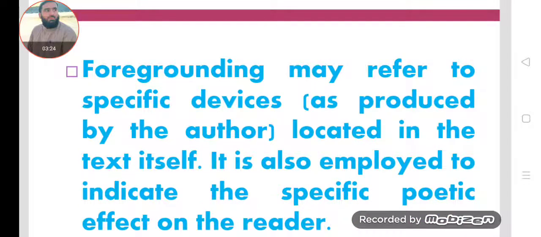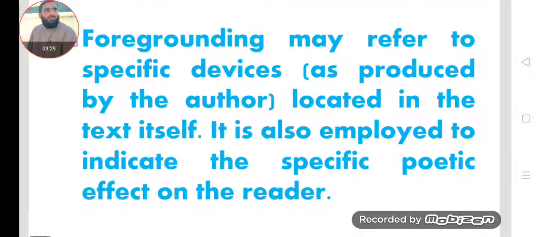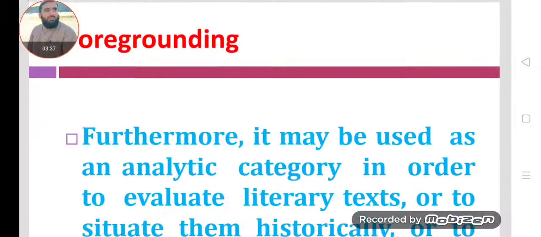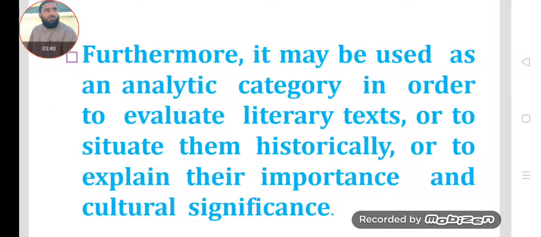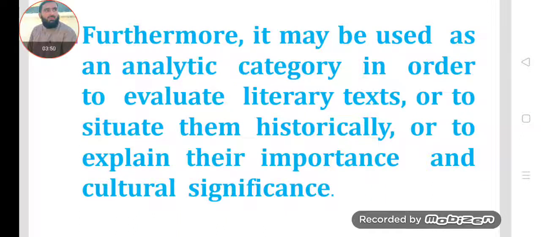Foregrounding may refer to specific devices produced by the author and located in the text itself. It is also used to indicate the specific poetic effect on the reader. Furthermore, it may be used as an analytic category in order to evaluate literary texts, to situate them historically, or to explain the importance and cultural significance of the text.